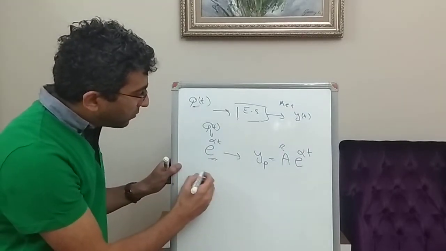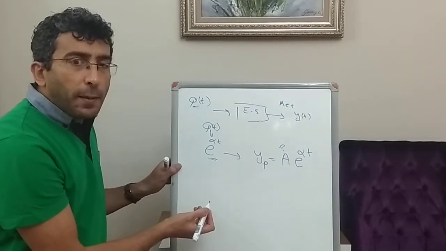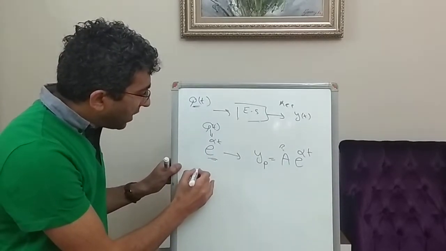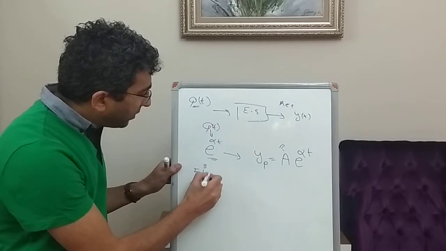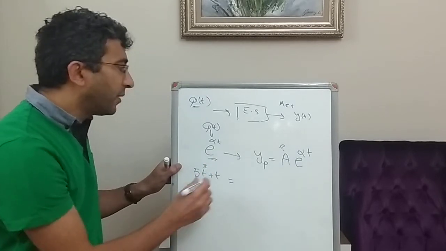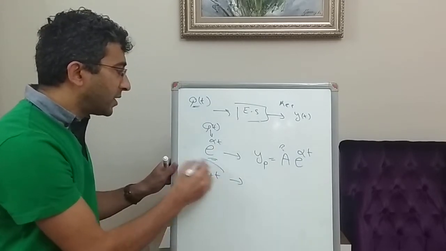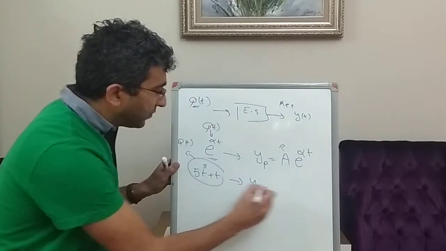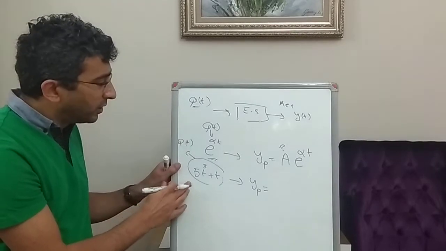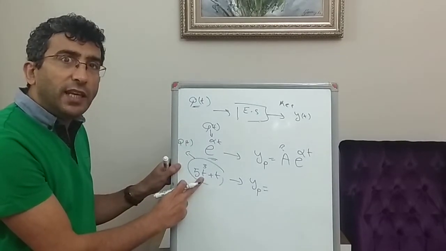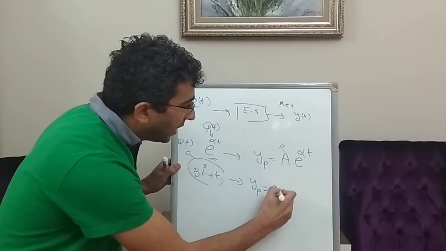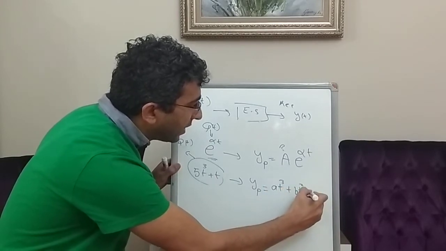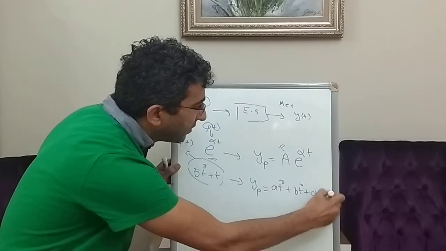Also, it works with what we call polynomials. Suppose that your q of t is 5t cubed plus t, for example. So for your y particular, you should assume a polynomial. My polynomial starts with t cubed, so you say a t cubed plus b t squared plus c t plus d.